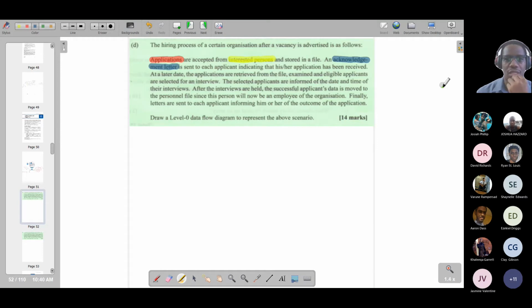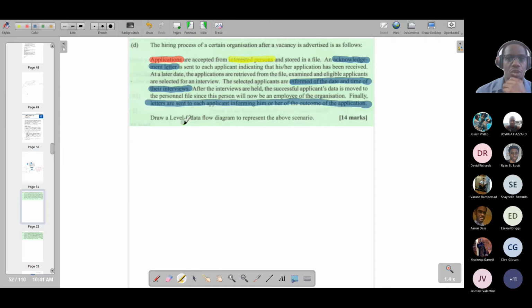What else? The date and time for the interview. Right. So we have the information of the date and the time of the interview. And does anything else come out of the system? An acceptance letter. Right. So the letter sent to each applicant informing him or her of the outcome of the application.